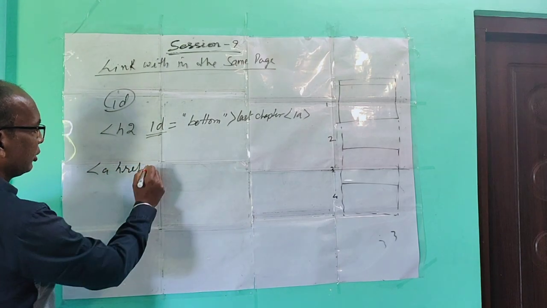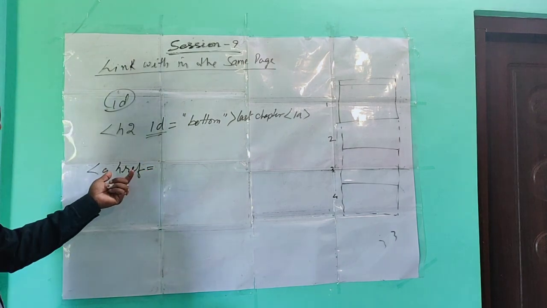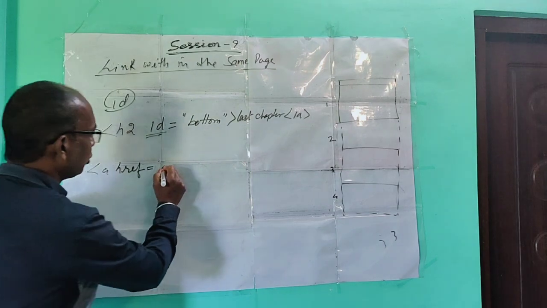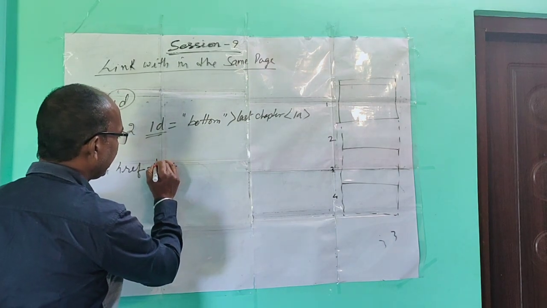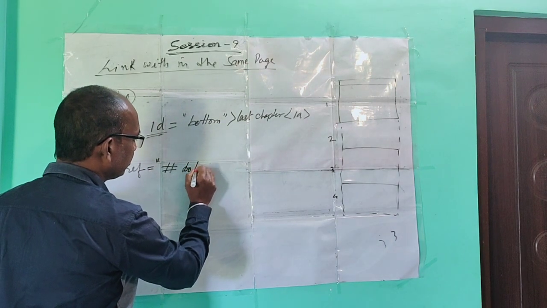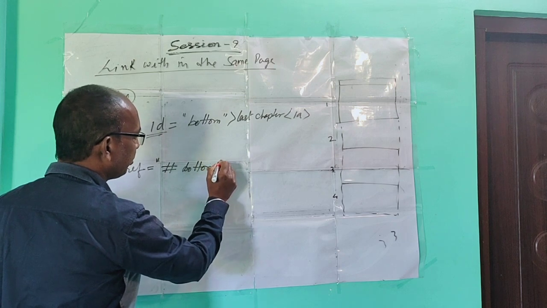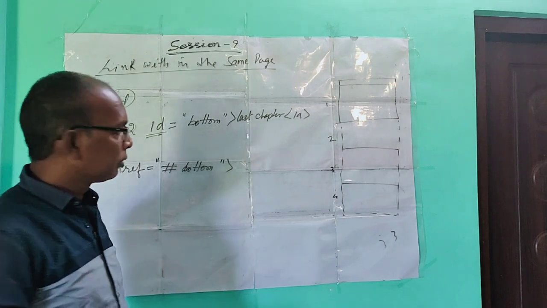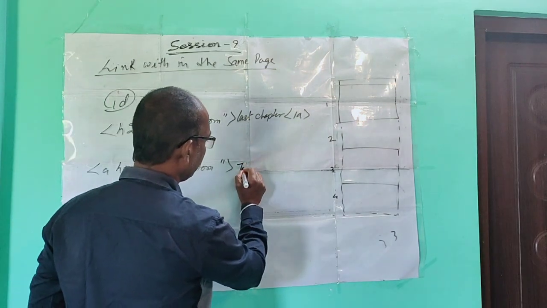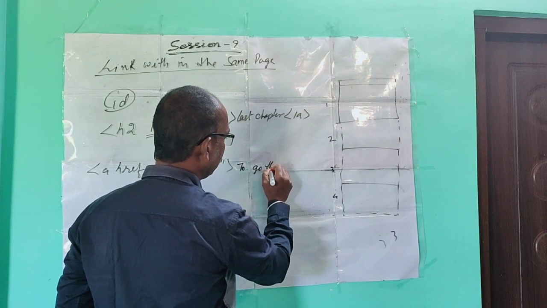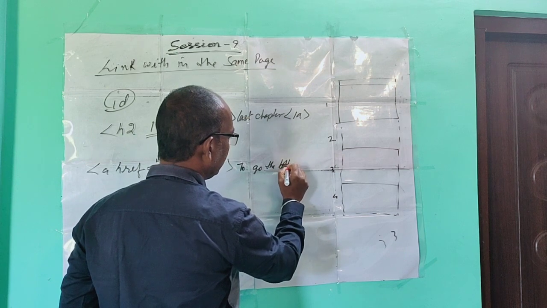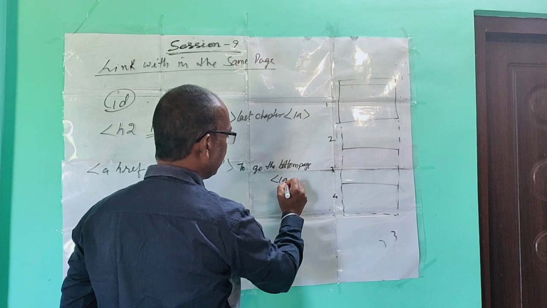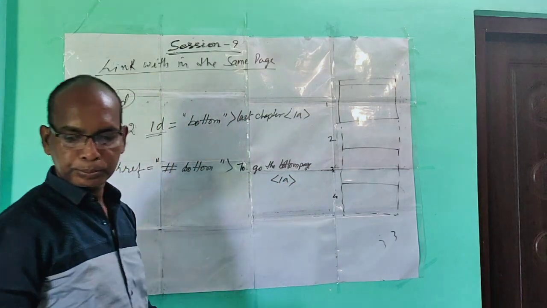For example, the target: how do we write href. Here we have the source. So href is the source of the anchor document. You have to use one symbol that is called hashmark, bottom. Hashmark bottom, to go to the bottom page, then anchor close.